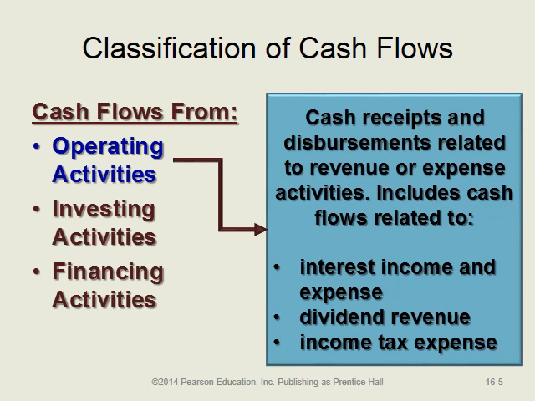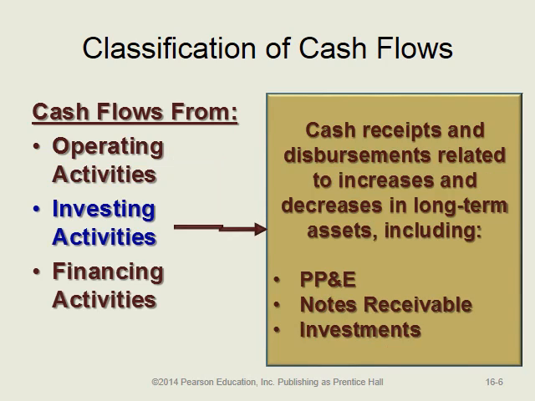Cash flows from operating activities include cash inflows and outflows related to revenue and expense activities. Items such as cash received from customers, wages that were paid, interest payments, income tax payments, and cash paid for some service like advertising would appear.